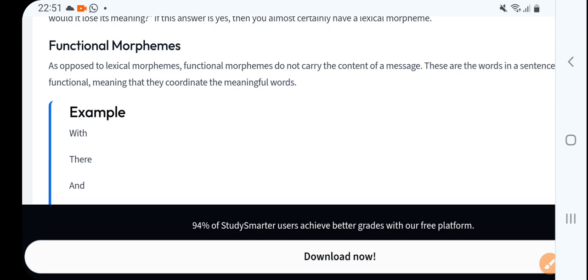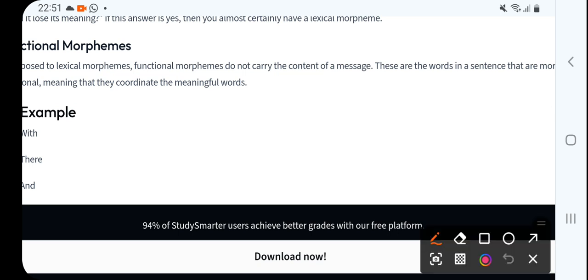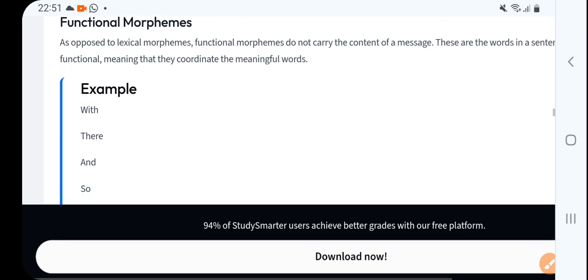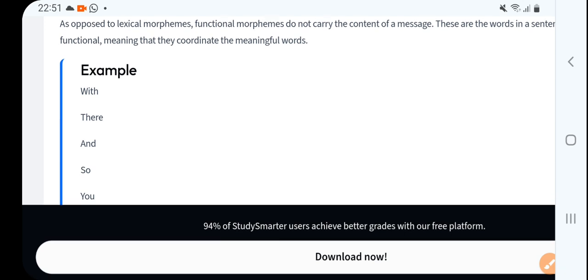Functional morphemes, as opposed to lexical morphemes, do not carry the content of a message. These are the words in a sentence that are more functional, meaning that they coordinate the meaningful words.